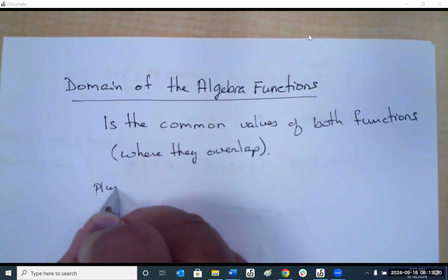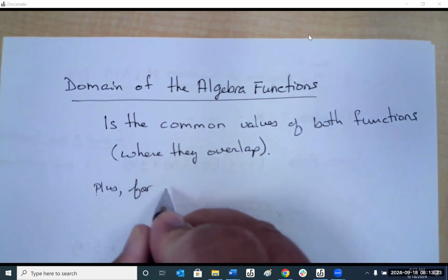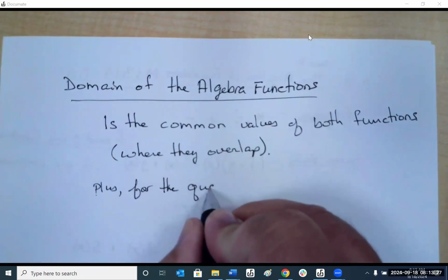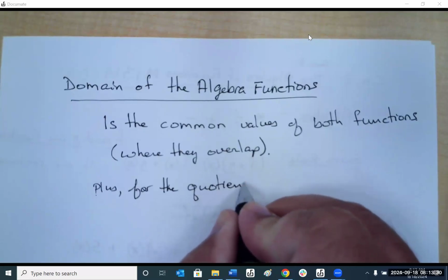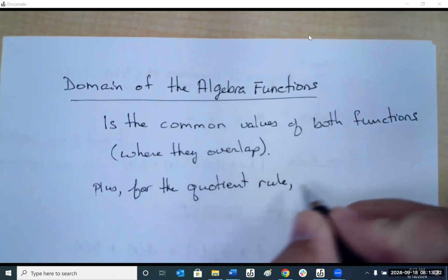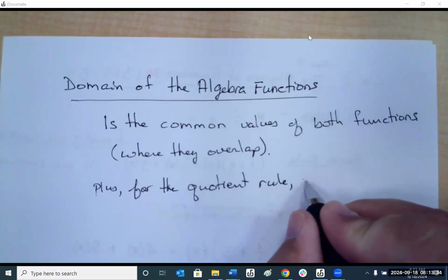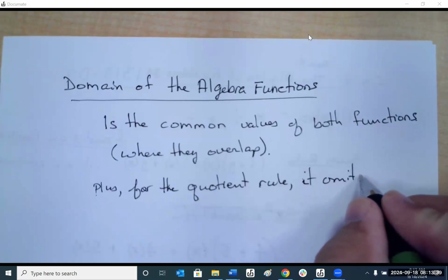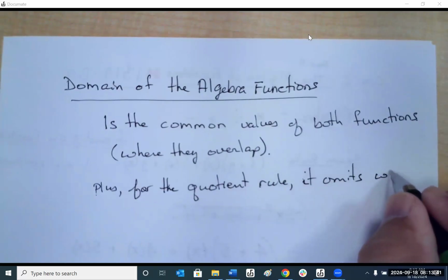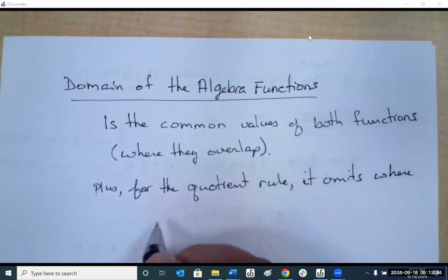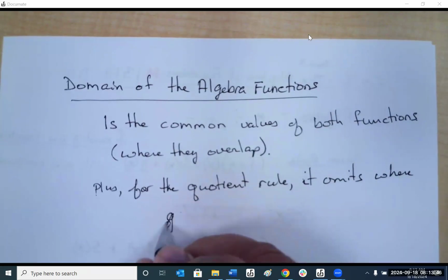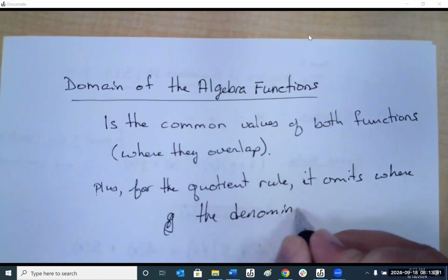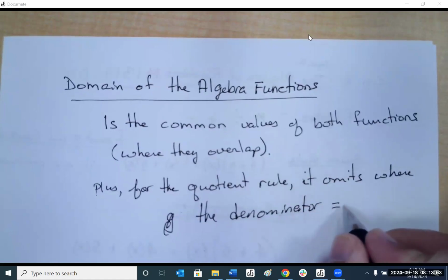Plus, for the quotient rule, it omits where the denominator equals 0.